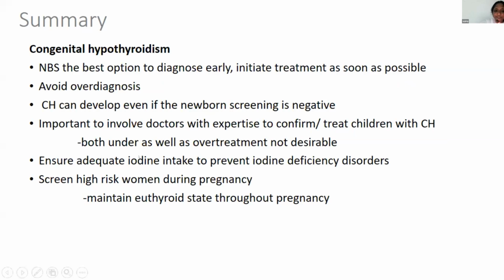Along with newborn screening, it's also important to ensure adequate iodine intake to prevent iodine deficiency disorders. And probably we need to screen high-risk women during pregnancy, because we know that up until mid-gestation, the fetus is entirely dependent on the maternal thyroxine. So it's important to maintain a euthyroid state throughout pregnancy.